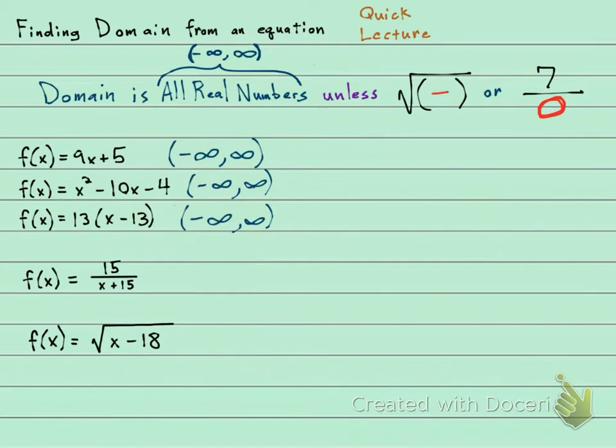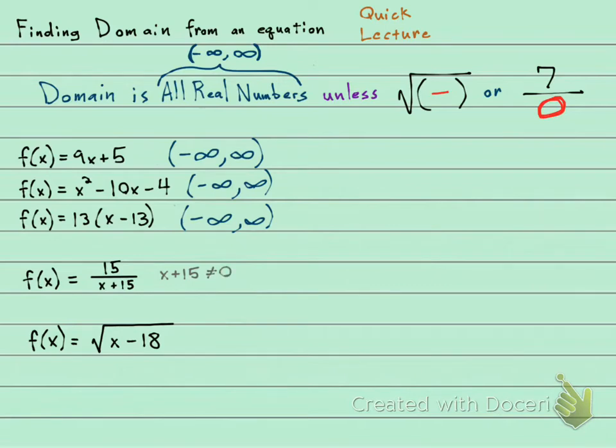Now, let's look at these two examples down here. Look at this one. Do you see a fraction? Yes. That means that if you have a 0 on the bottom, you have a domain restriction. Now, how would you get a 0 on the bottom? Is there an x down there? Yep. So some people might be able to look and say, oh, what would you plug into that x to get a 0 on the bottom? But what you should do is take your denominator and say that denominator cannot be equal to 0.